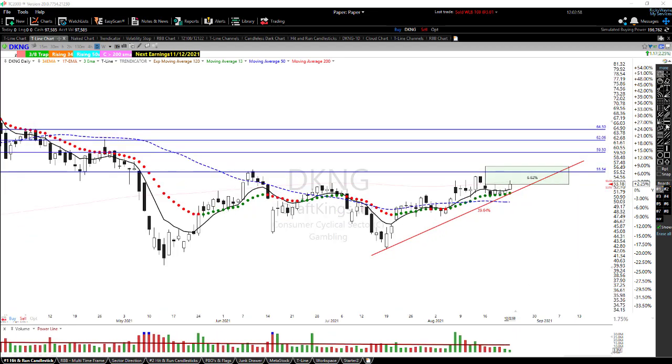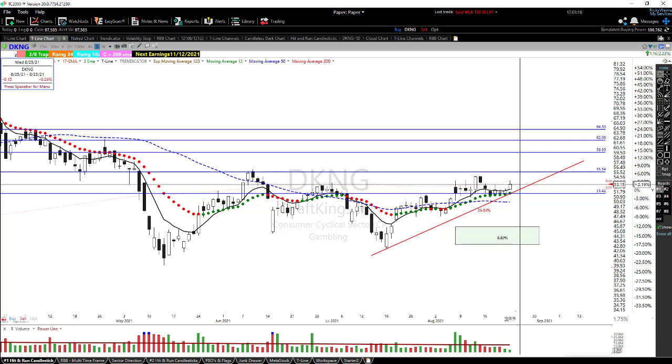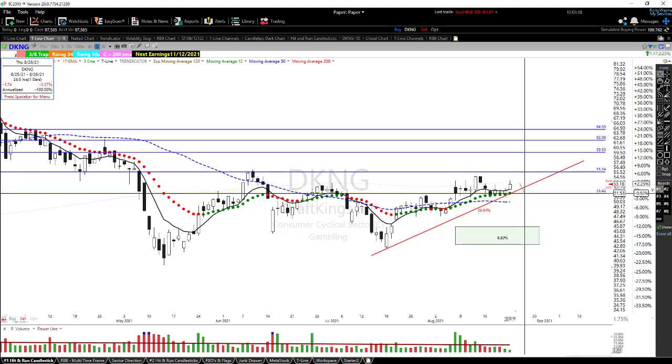Depending on where I buy it, I would put my stop in place. If I was to buy it right now, my stop would probably be 51.40-ish right here. So if I bought it right now, I'm at 3.27% risk, give or take, it might be 3.5, something like that, but we're close.